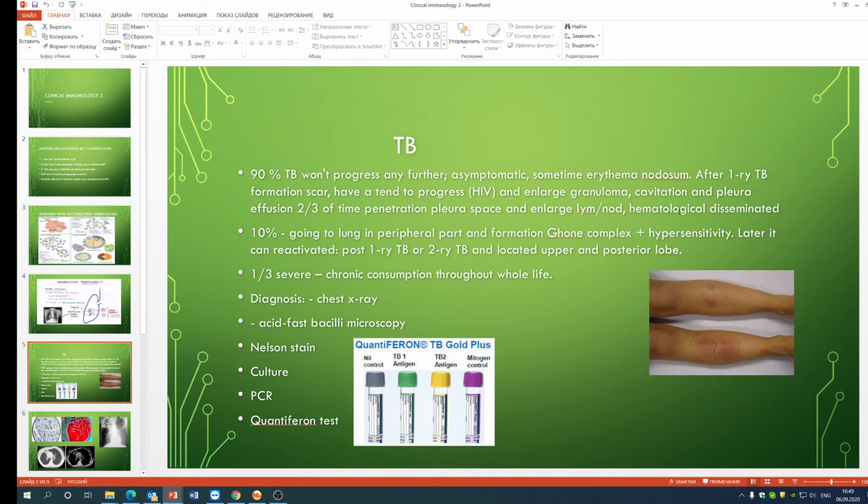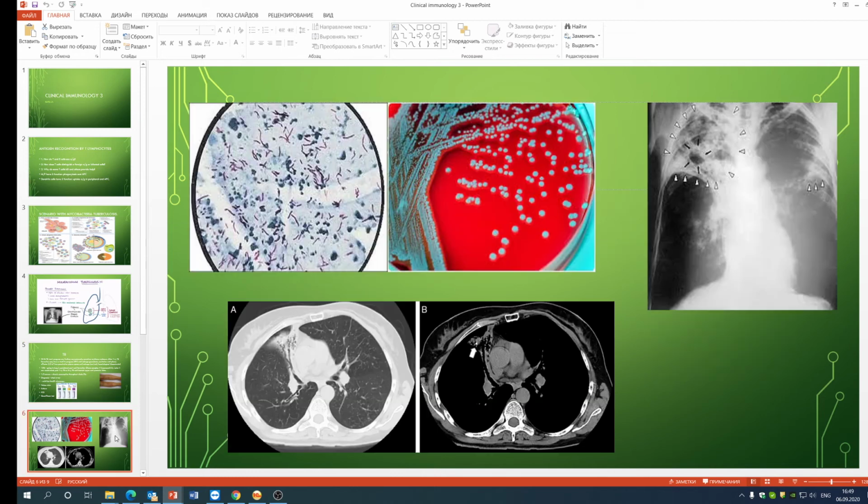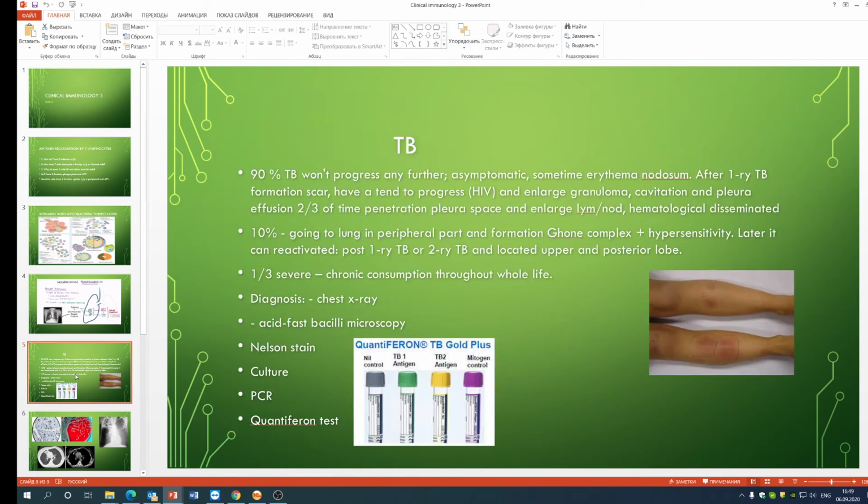After primary tuberculosis, a scar forms in the lung tissue, and the disease may tend to progress. You know that in a child, an HIV patient, or an immunocompromised patient, this results in a large granuloma forming cavitation.